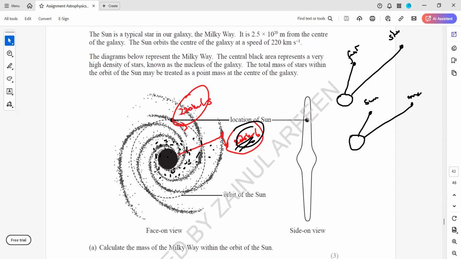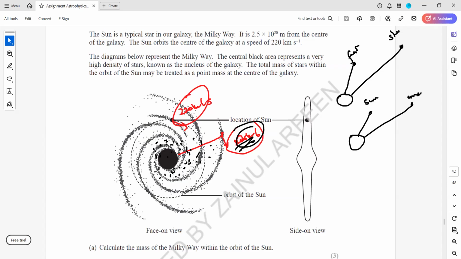So what can astronomers conclude from this? It means the mass which they calculated might be greater than the expected mass. Because if the mass is more, stronger gravity is there, or there might be an additional matter which we cannot observe, or there must be dark matter, because dark matter is responsible for keeping things together and moving at different speeds.